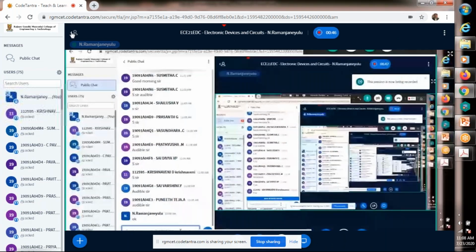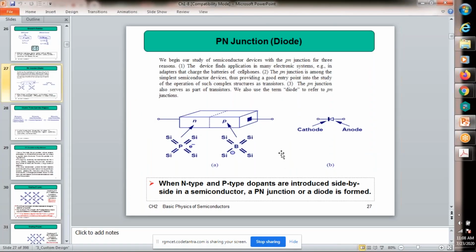Okay, in last class, we entered into the first semiconductor device, that is the PN junction diode. Why do we study the PN junction diode? Already we discussed there are a few major applications of PN junction diode.